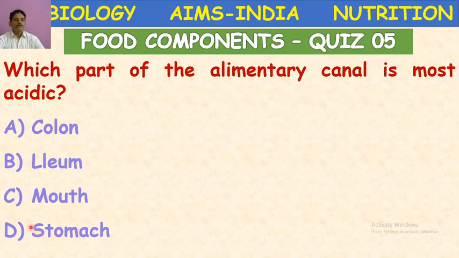Yes, stomach. Why is it acidic? Because the stomach secretes an acid. What is that acid? Hydrochloric acid. That hydrochloric acid makes the medium acidic. In order to function, the pepsin enzyme requires acidic pH. So hydrochloric acid provides the acidic medium for the action of the pepsin enzyme in the stomach.